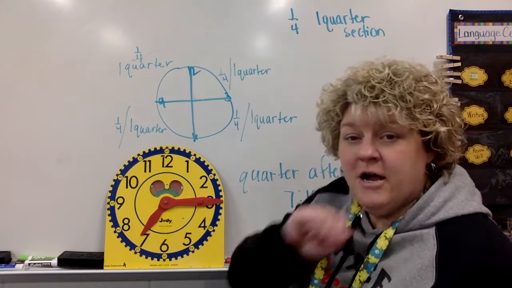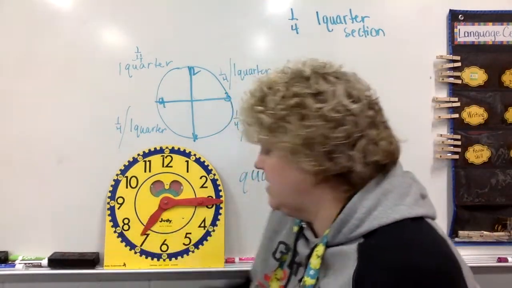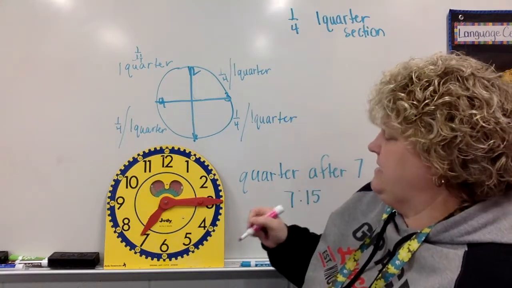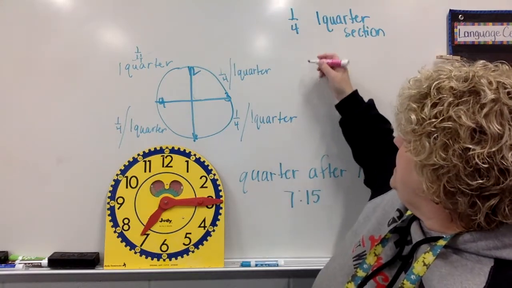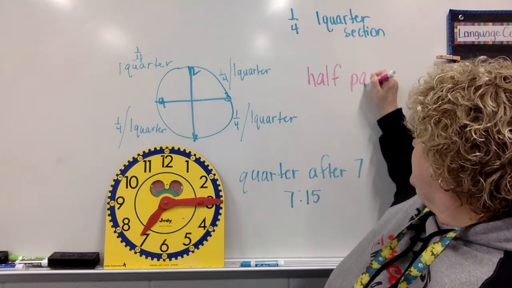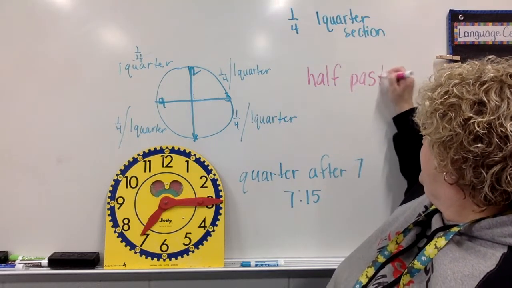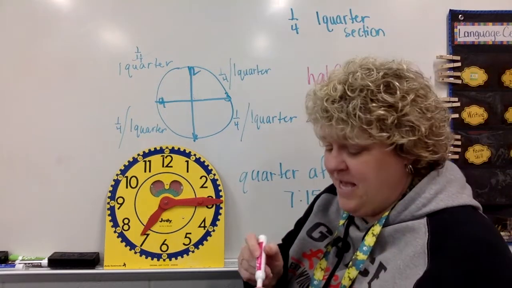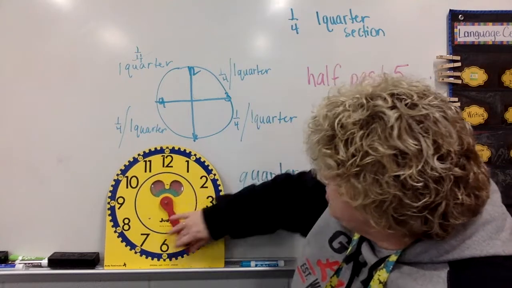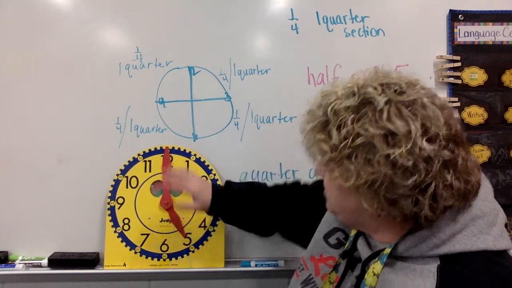All right. Very good. So let's look at another one. You get a different color marker. What if I said half past 5? Half past 5. Okay. So we always go to 5 o'clock. We always go to the hour. Now, here's the problem.